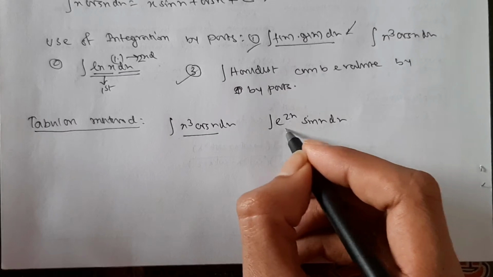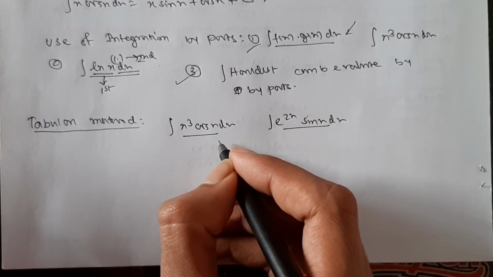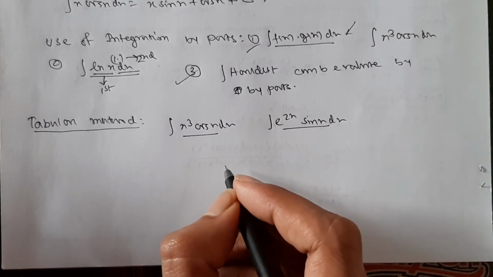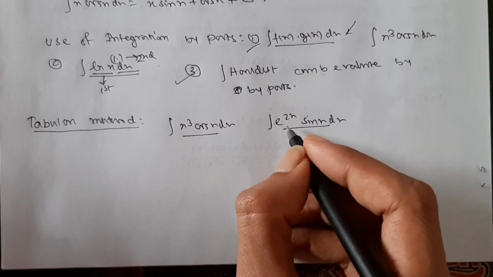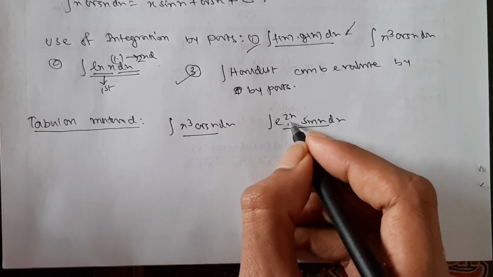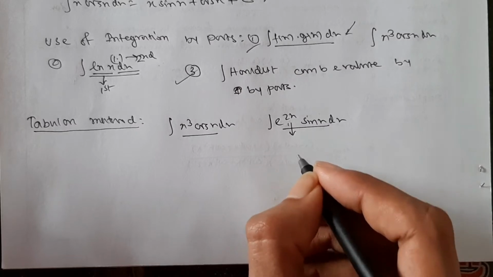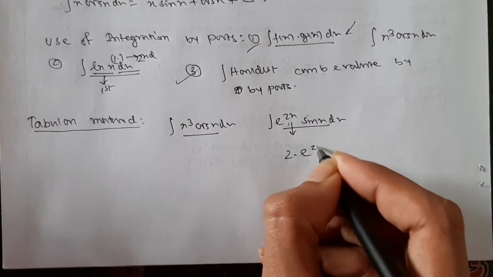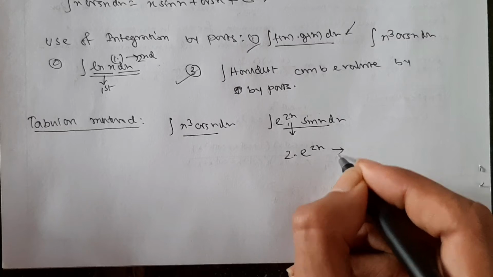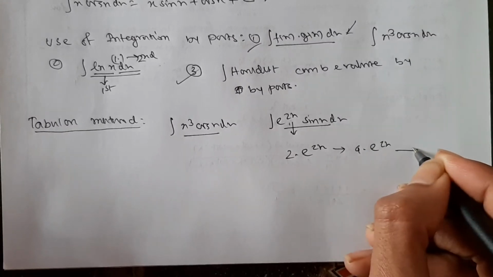These are functions which can be repeatedly integrated or differentiated to reduce to 0, or to get the same function. Like if we differentiate this function, we get the same function multiplied by a constant, like 2 e to the power 2x, and if we differentiate again, we get 4 e to the power 2x, and so on.